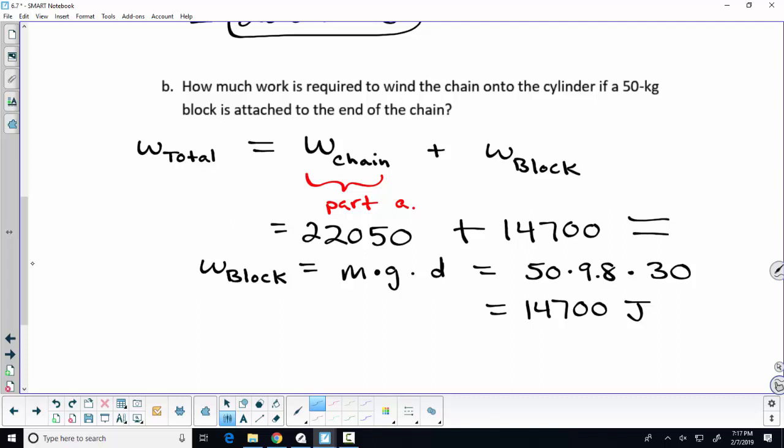What is that? 36,700 times 0.5. So total work.